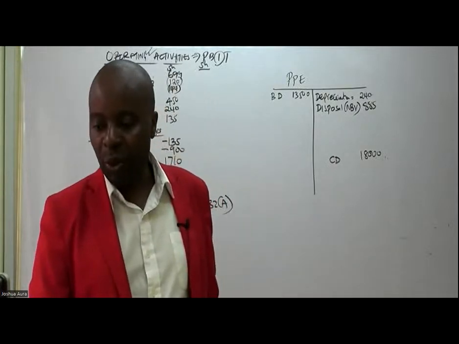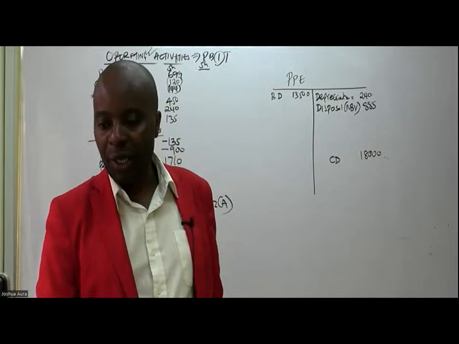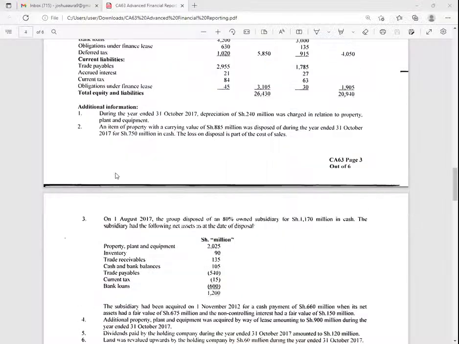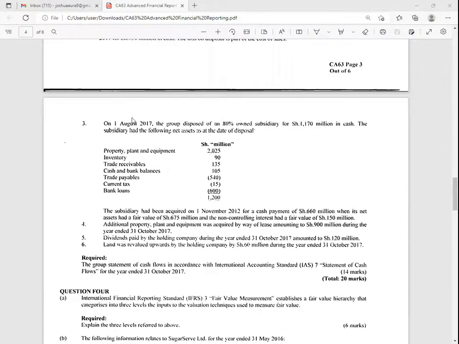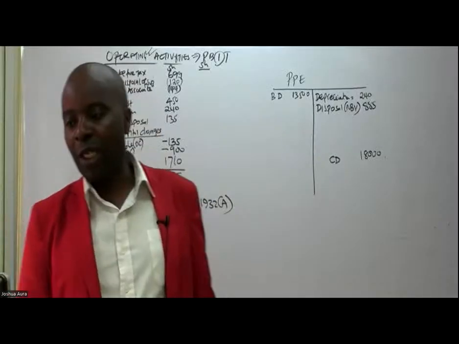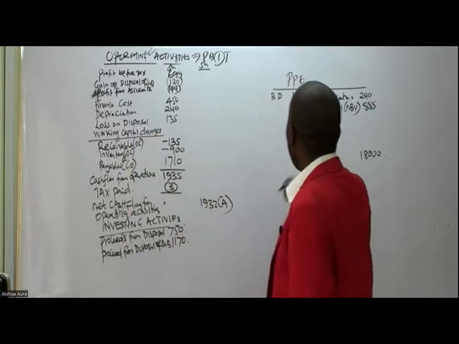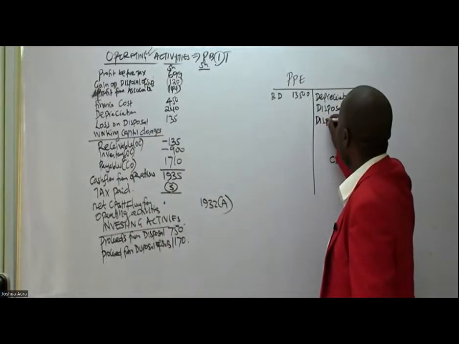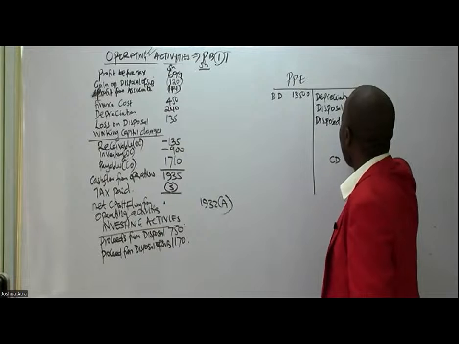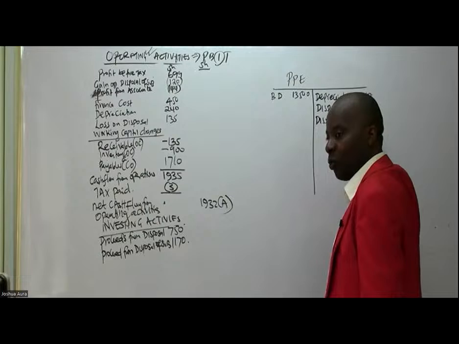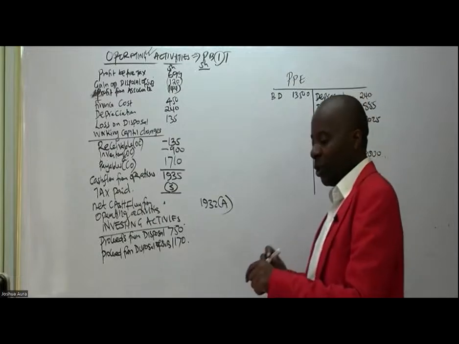They've told us here, the disposed subsidiary had a PPE of 2025. So the disposed subsidiary's 2025 PPE is reducing our value, so it has to be on the credit side.